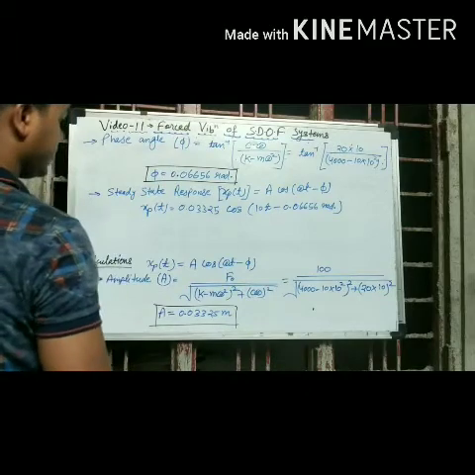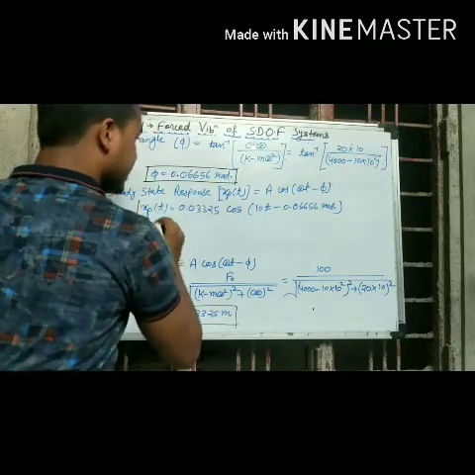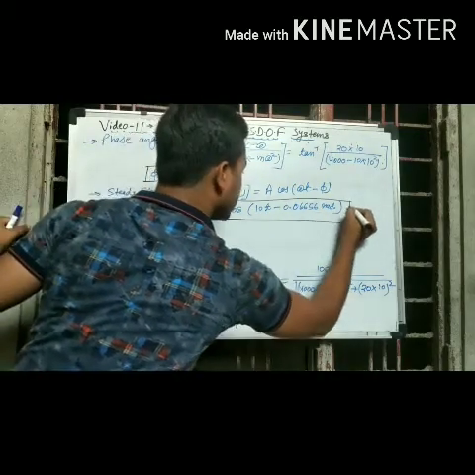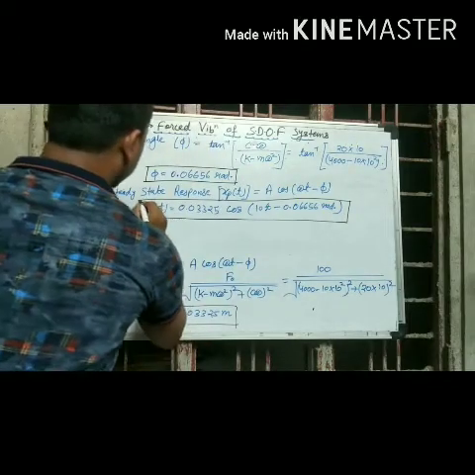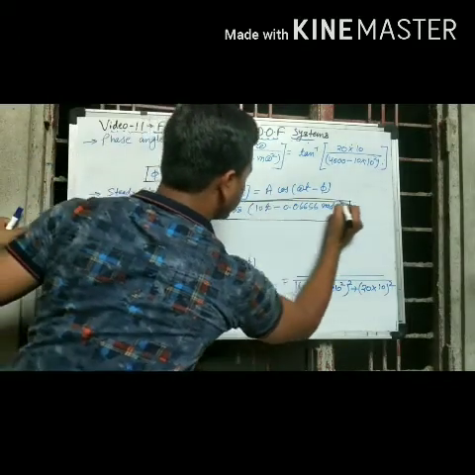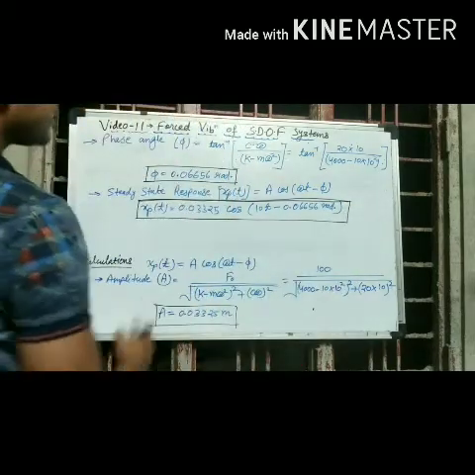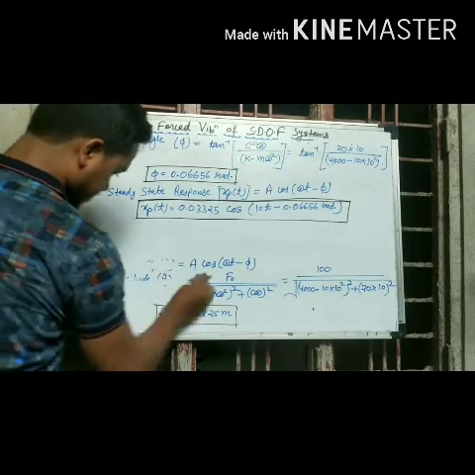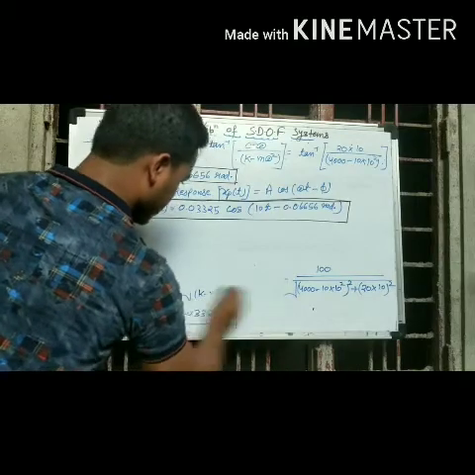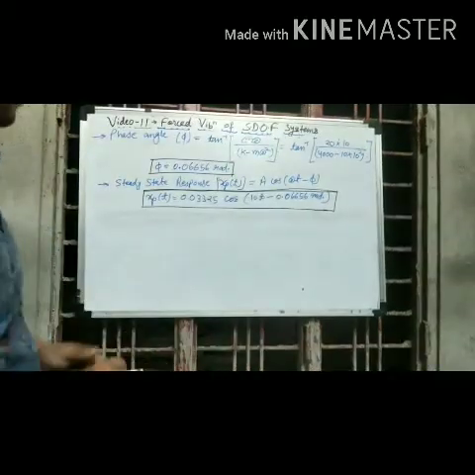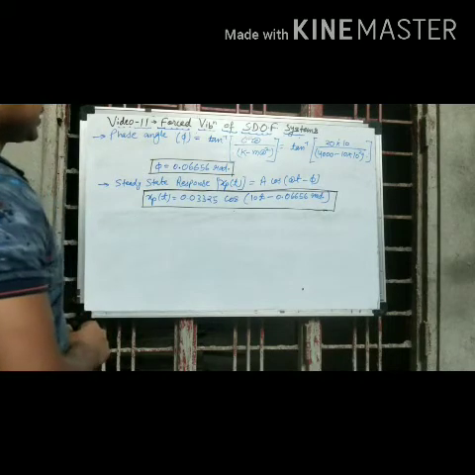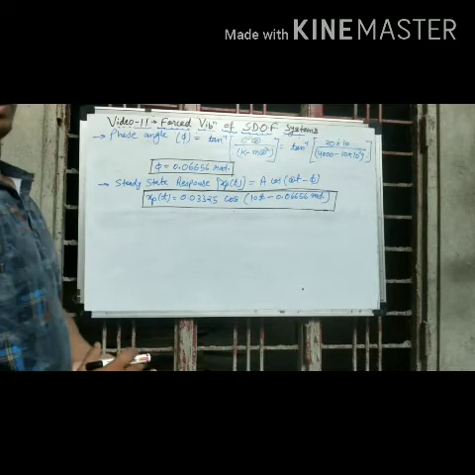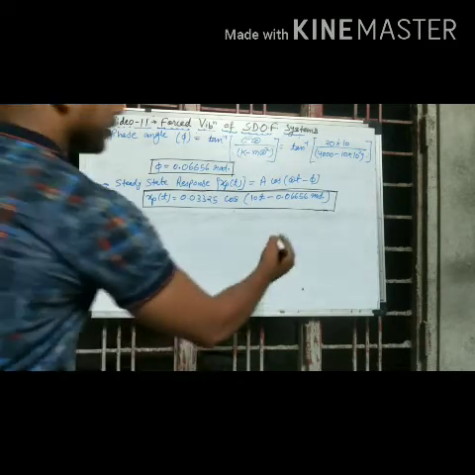Right? So this is the steady state response, but we have not applied the initial conditions given to this steady state response. Till now, this is the general steady state response. So we need to get the specific steady state response for the given condition. Now we'll take the given initial conditions. So we got our steady state response as 0.03325 cos(10t minus 0.06656) in radian. Right. Now this is our required answer.